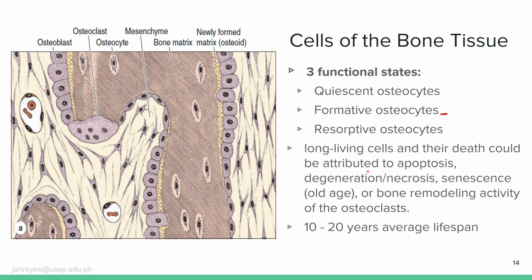So from 1% at birth, it increases to almost 80% in the eighth decade of life. That is how the percentage of dead osteocytes reflects old age.